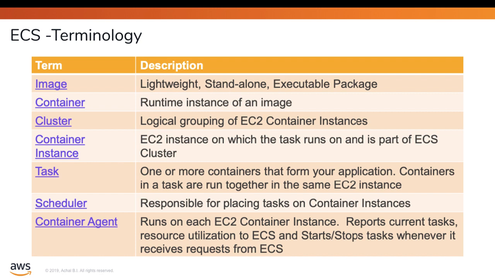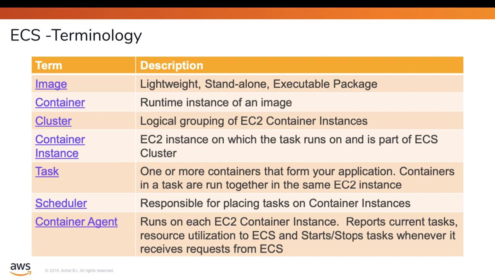There is also something called a container instance. The container instance, as I told, is nothing but an EC2 instance on which a task runs and is part of an ECS cluster. And what are tasks? Tasks basically contain one or more containers.